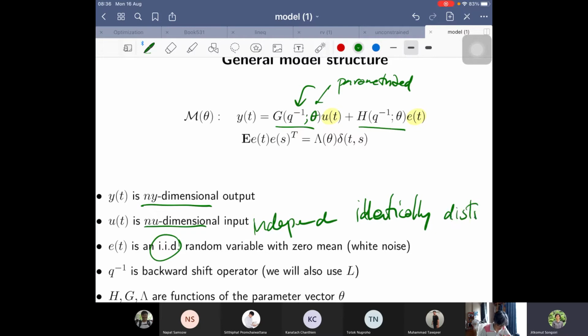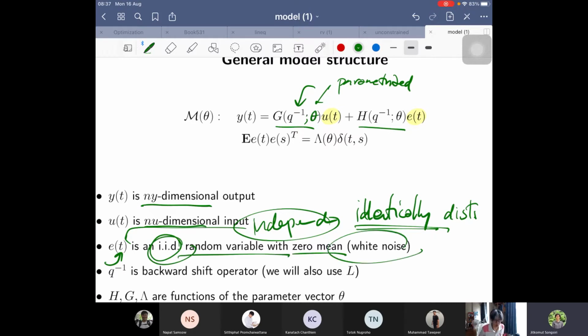Which means whatever distribution E comes from, at each time t, all of those time points of the error are drawn from the same distribution, the same parameters, and have the same moments, for example, the same mean and the same variance, and they are independent across time t. Also for simplicity, we consider zero mean noise. With this property, E is white noise.